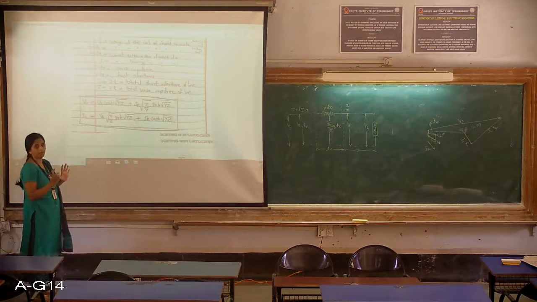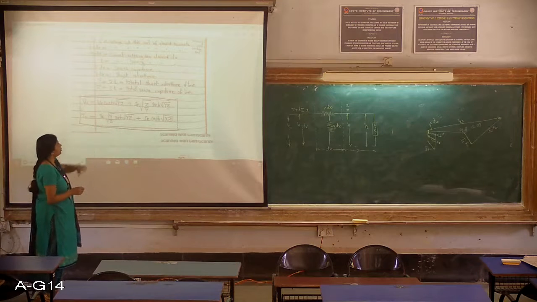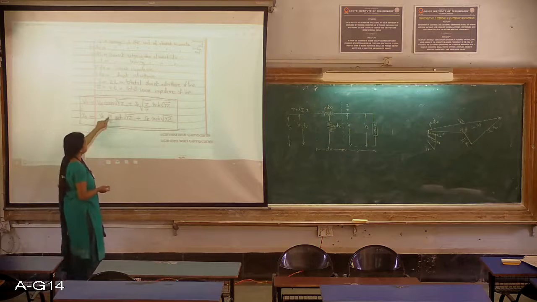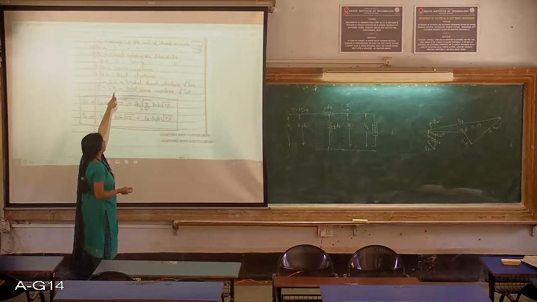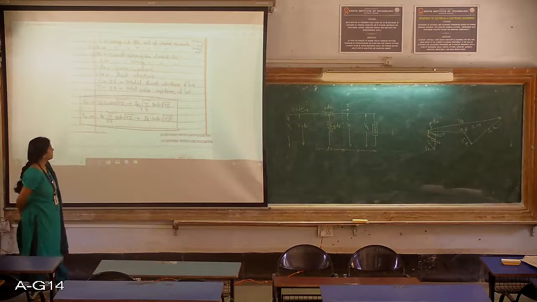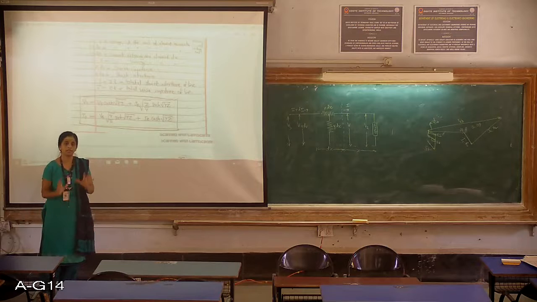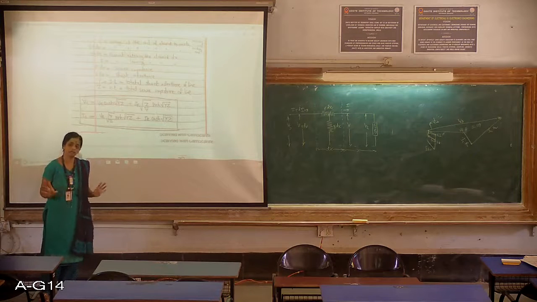This is the standard formula for long lines. Then IS will be VR root Y by Z sin hyperbolic root of YZ plus IR into cos hyperbolic root of YZ. These are all capitals, which you get after multiplying by the length of the line. So this is nothing but the analysis of the long line.